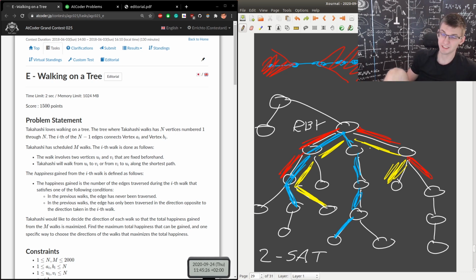If I wanted to satisfy every single edge, let's actually try to find some drawing where it's impossible to satisfy every edge. Because here, if yellow and red are in two different directions, then I already satisfied all edges that can be satisfied.